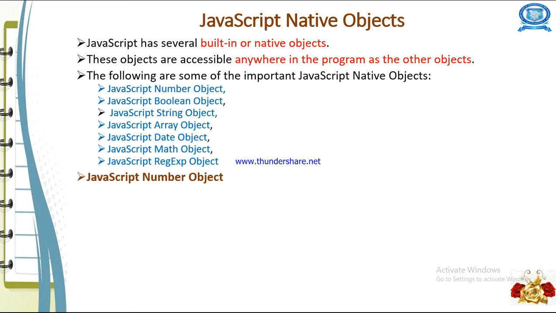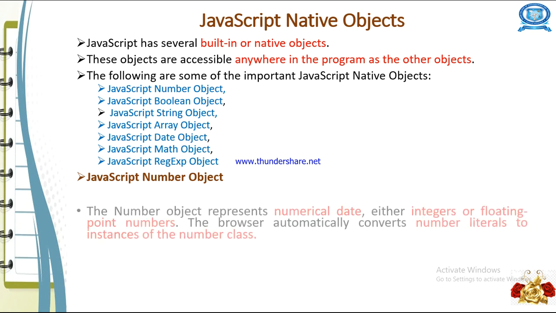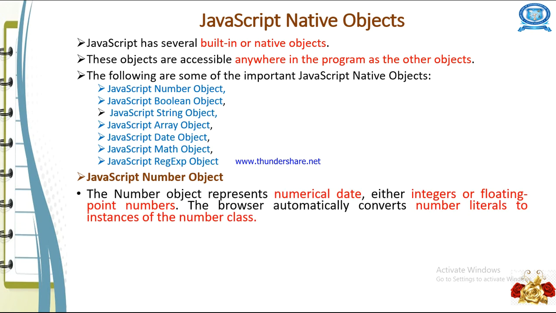The first native object is the JavaScript Number object. So what is the JavaScript Number object? This Number object represents numerical data, either an integer or a floating point number.